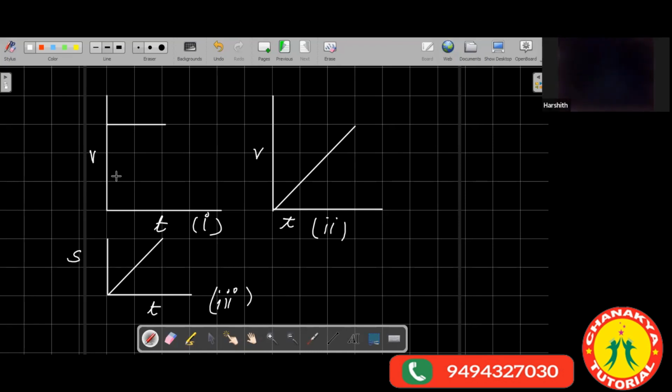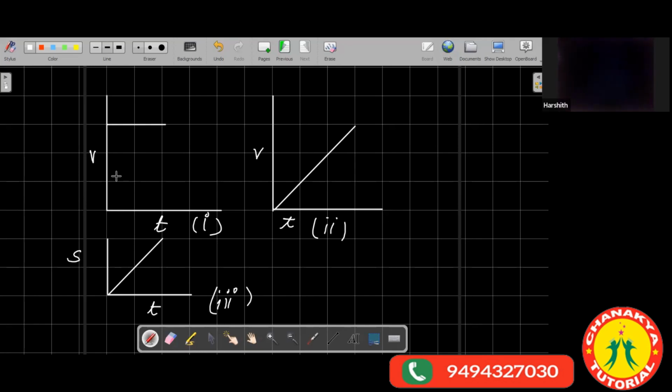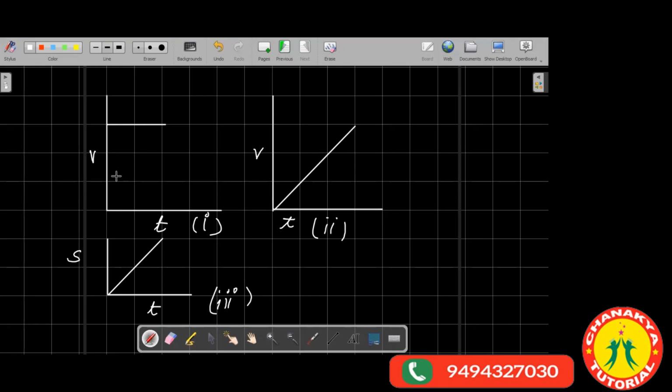So you told that in the first figure it's uniform velocity. Yeah, the first one is uniform velocity. You were asking uniform motion, right? So uniform velocity, uniform motion. If it has a uniform velocity, doesn't it have uniform motion? Yes, sir.